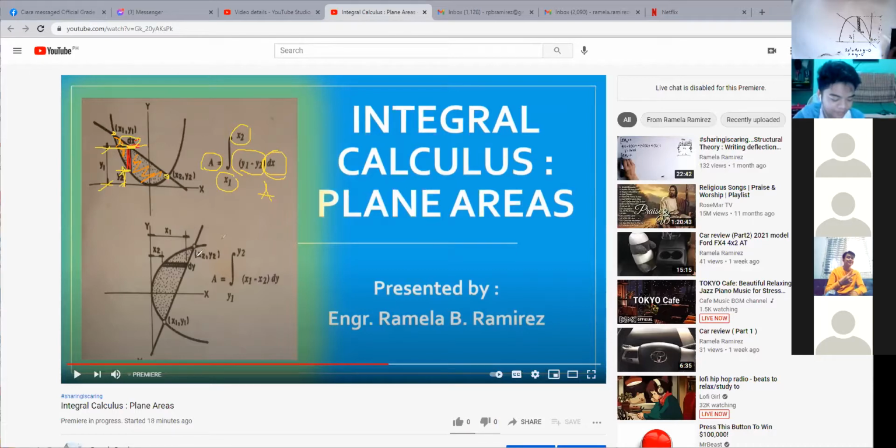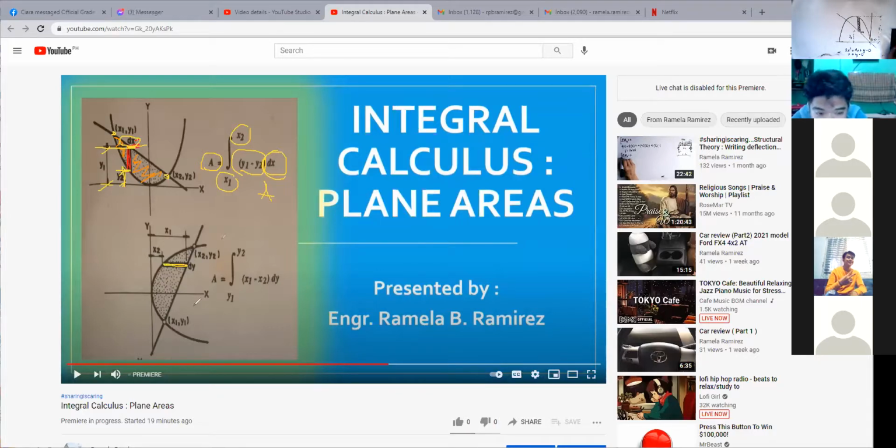The same is true if you are going to determine area for a curve or a parabola bounded by the parabola and the line, wherein the parabola or the curve is opening to the left or to the right. Okay? Ang difference lang yan, ngayon, ito na yung element natin. Okay? So, the same pa rin.